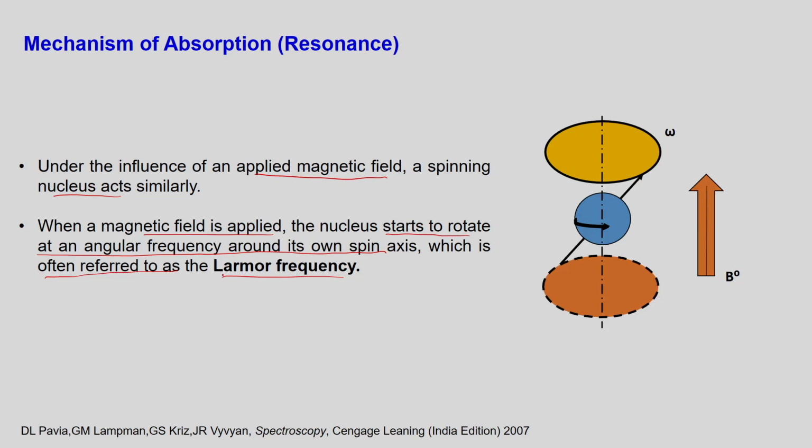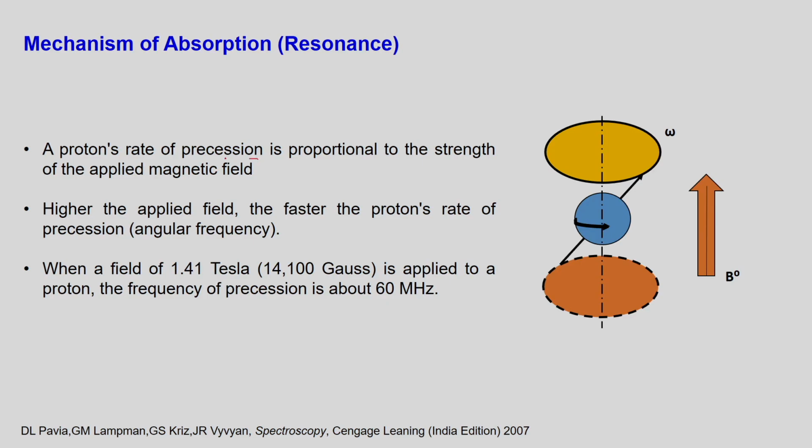So, the Larmor frequency is what? When it starts to rotate at an angular frequency around its own spin axis, that is called the Larmor frequency, and this Larmor frequency will obviously be different for different nuclei. A proton's rate of precession is proportional to the strength of the applied magnetic field.